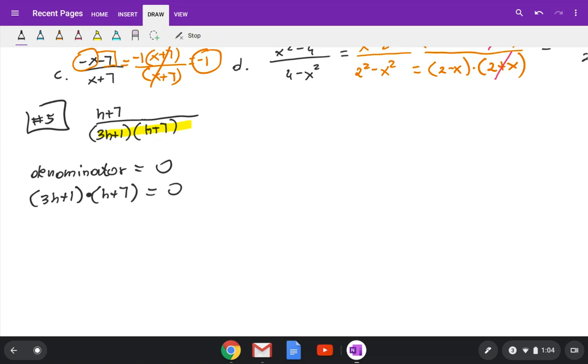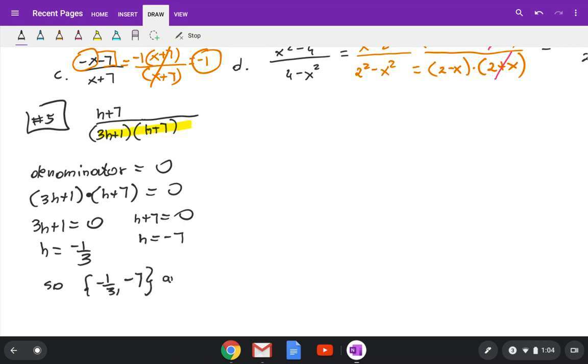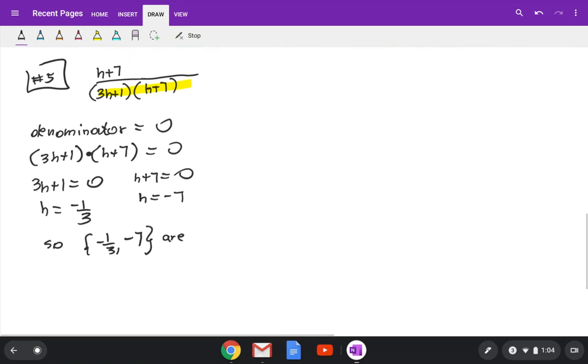Since you have a product of two factors, you're solving two equations. 3h plus 1 equals 0, h plus 7 equals 0. Here we're getting h equal -7. Here we'll get that h is equal to -1 over 3. So -1/3 and -7 are the restricted values.